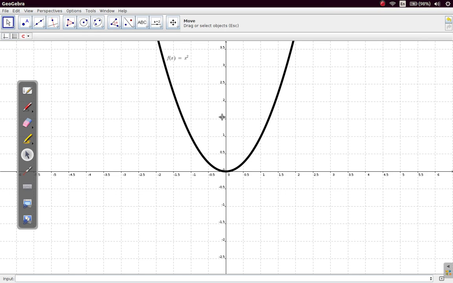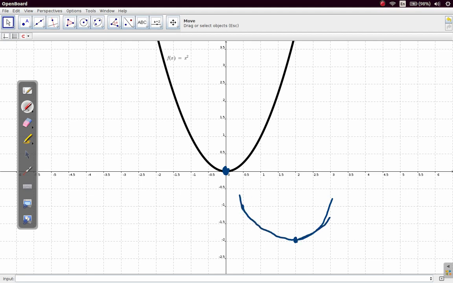Suppose I want a new graph that is plotted so that its minimum point is right here. In other words, this is a quadratic graph.